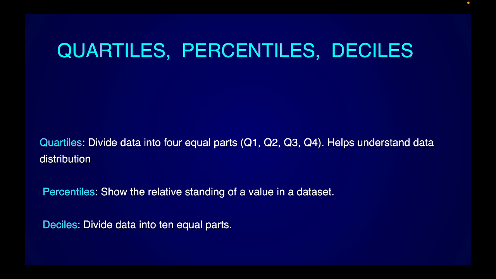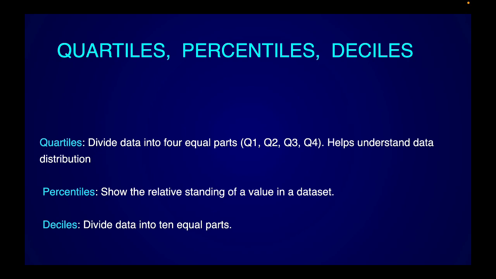So in quartiles we divide the data into 4 equal parts. Q1 is the first quartile, which contains 25% of the data. Q2 is the second quartile, that is the median. It will always be the median. The median is the middle value, right? If we divide the data into equal parts, the middlemost value will lie in the second quartile, so 50% of the data is below this point.